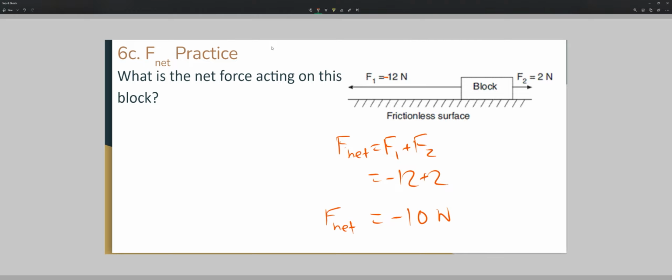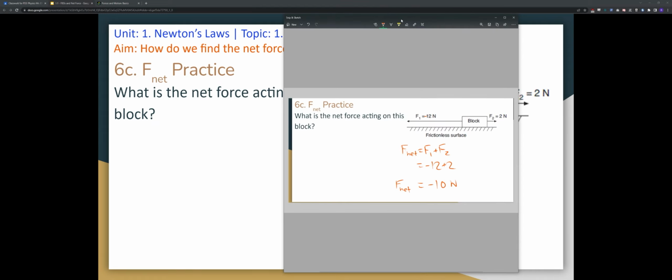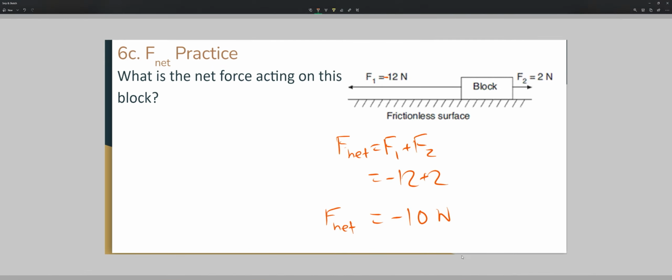All right, that's that. And again, we will either say negative 10 newtons or 10 newtons to the left. Do not say negative 10 newtons to the left. That's a double negative. You would just say negative 10 newtons or 10 newtons to the left.